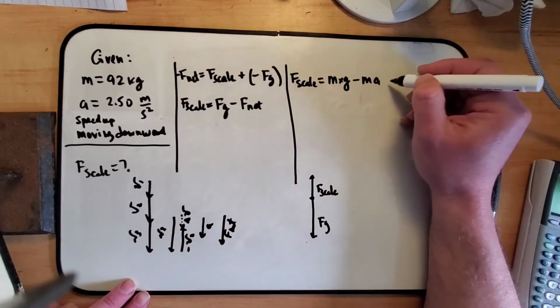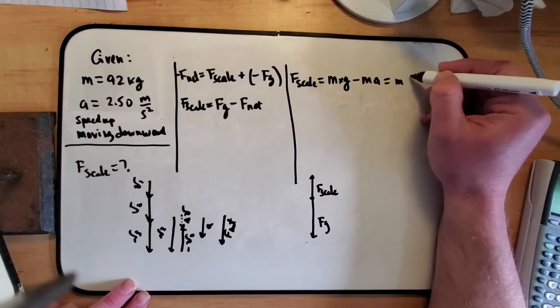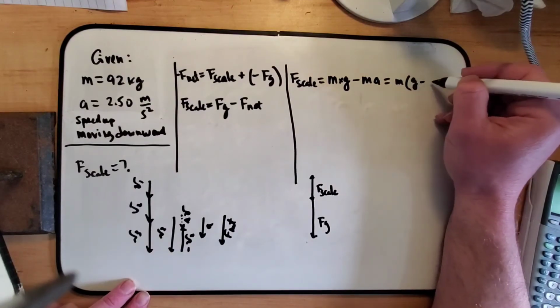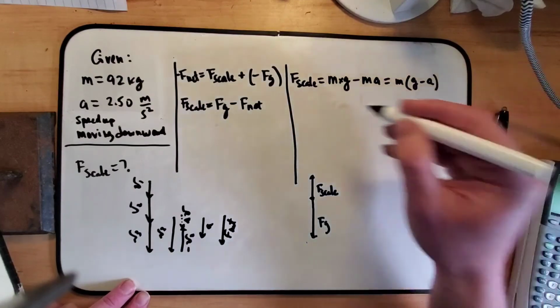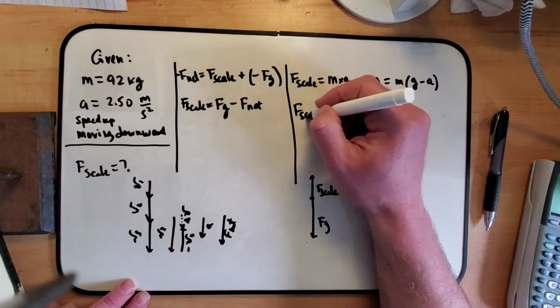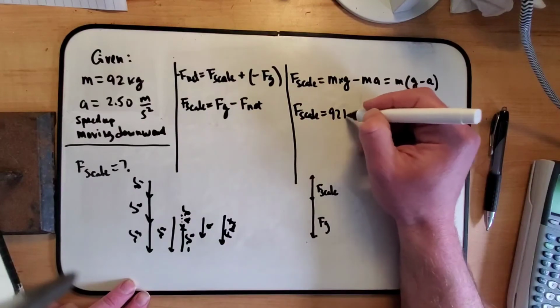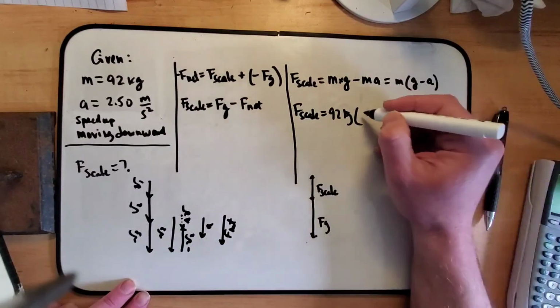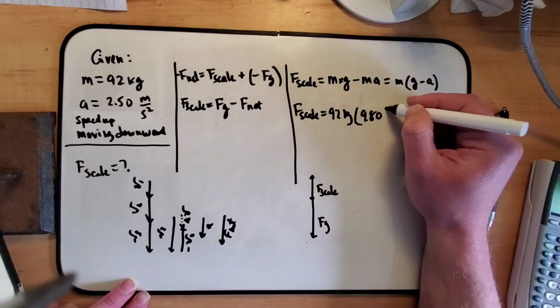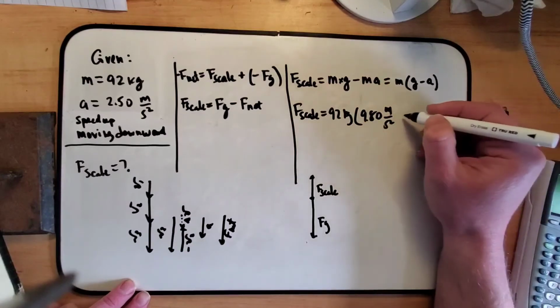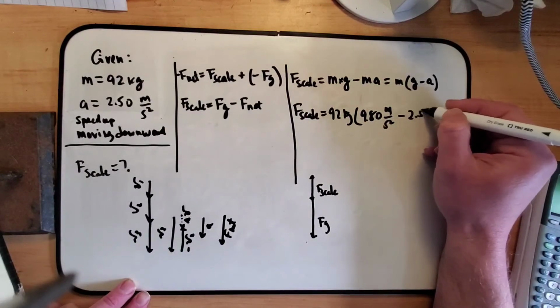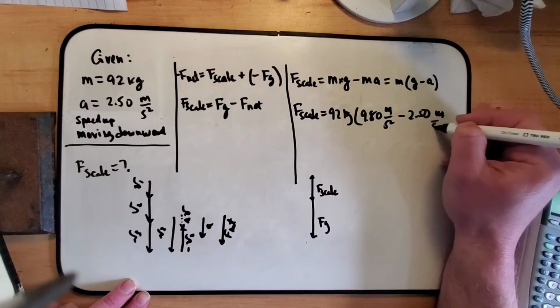So we took care of it. And we're going to factor out, again, the mass, so it will be G minus A. And now we can plug in the values. That will be, mass is 92 kilograms. And in parentheses here is going to be 9.80 meters per second squared minus 2.50 meters per second squared.